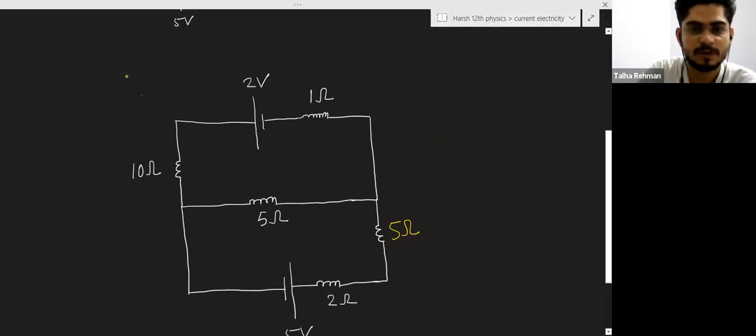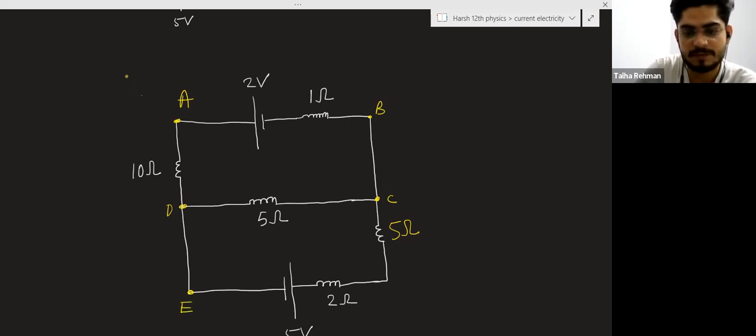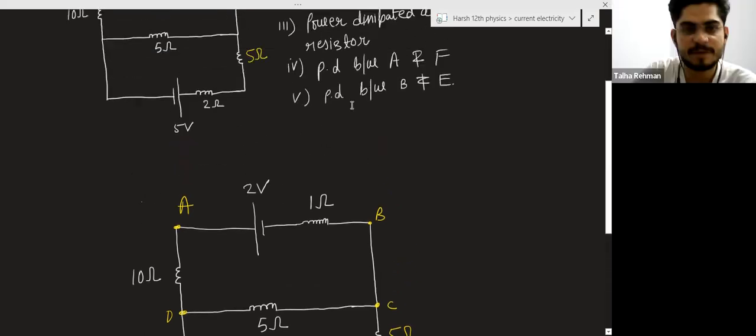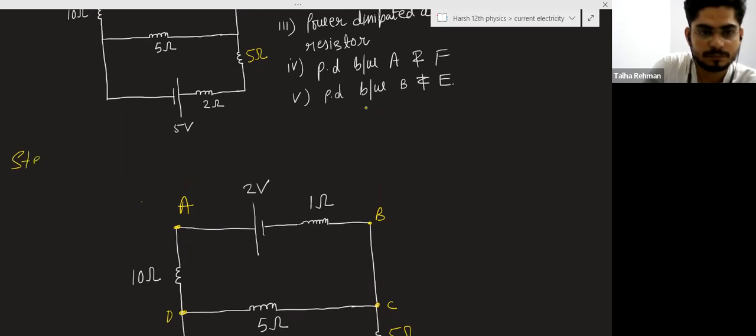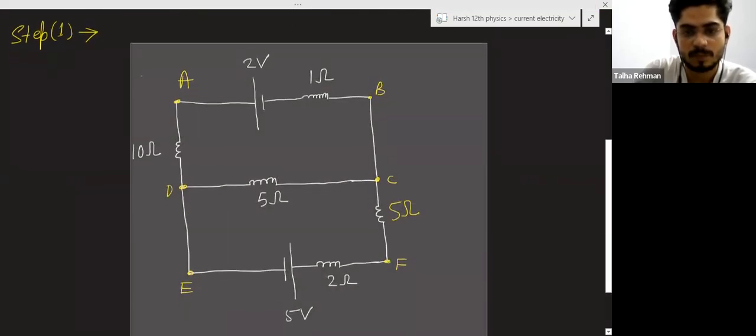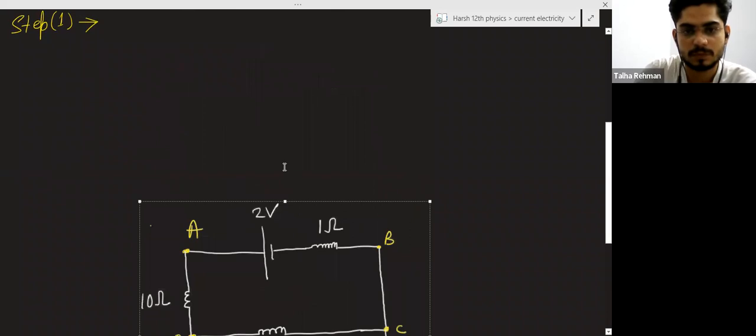I am supposing this point as A, this point as B, this point as C, this point as D, this point as E, this point as F. So for the first step, what will you do?